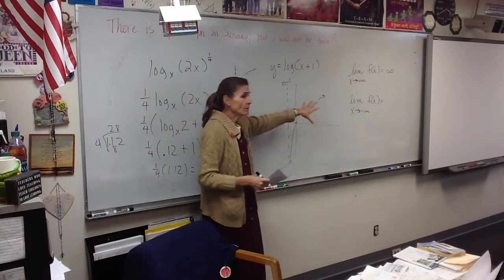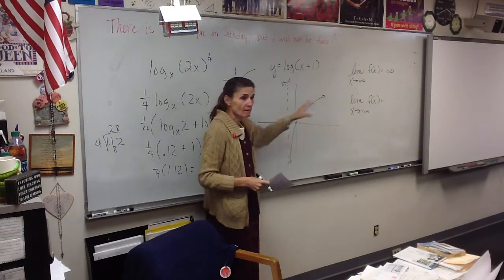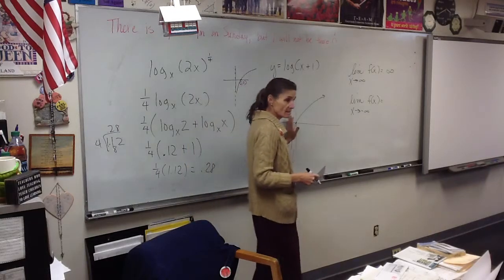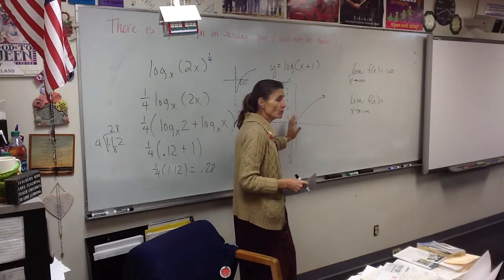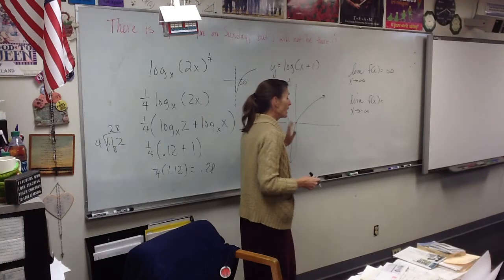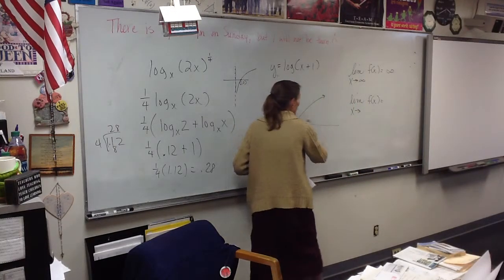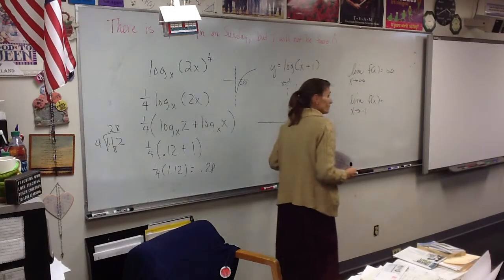Now, we can't really talk about x going to negative infinity in this picture. Why? Because there's an asymptote right here, right? So if we're talking about what happens to it on the left, we would have to say not approaching negative infinity, but approaching -1.